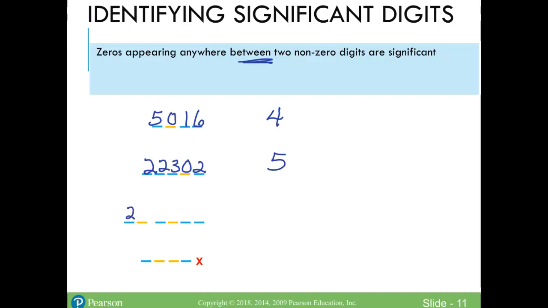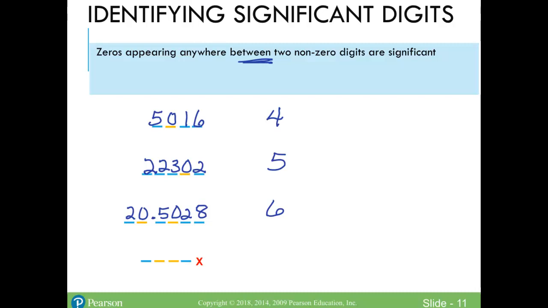Even if we had a decimal in there, 20.5028. We've got some non-zero digits, but we also have zeros, but they're in between non-zero digits. So all of them are significant. That's 6.